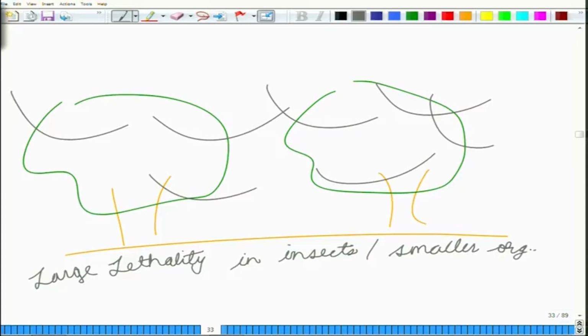But in the case of the larger organisms or larger animals, you will have a sublethal impact on larger organisms.